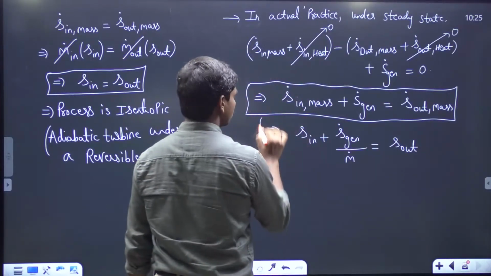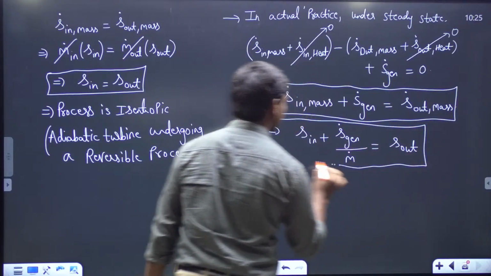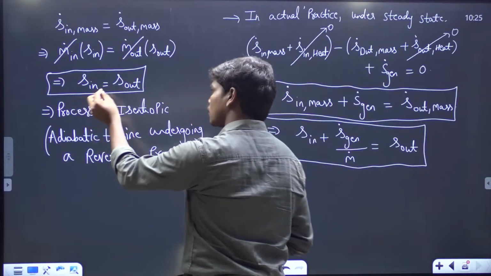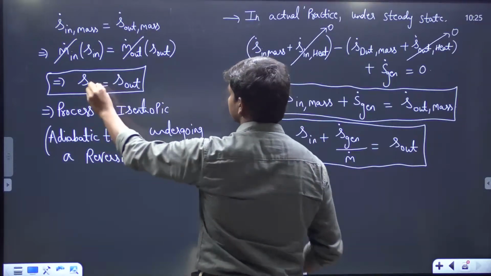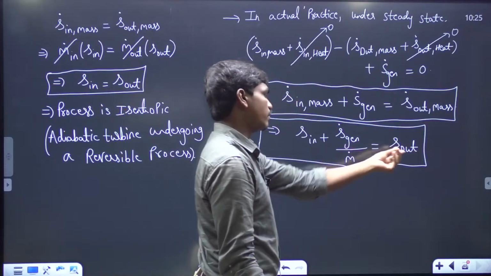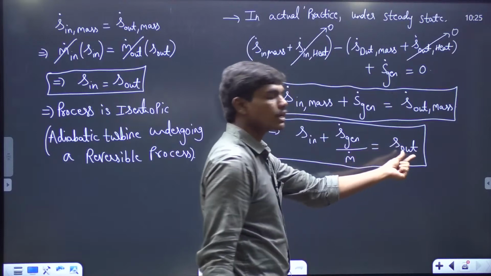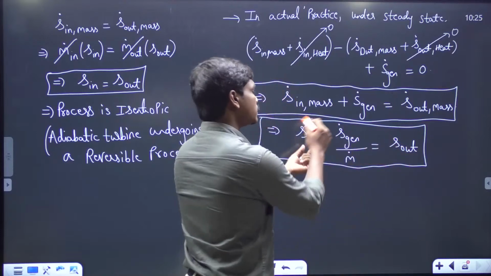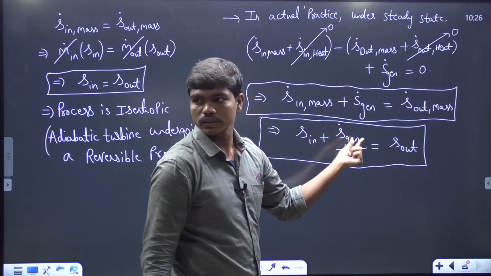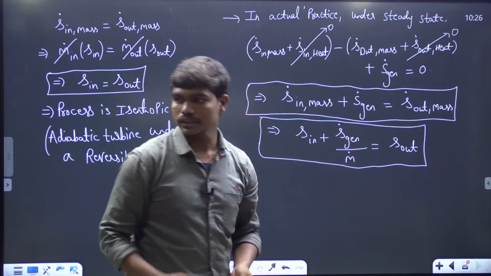So here the outlet entropy is a bit more than the inlet entropy, but in the reversible case, the entropy at the outlet condition is the same as at the inlet condition. But here the outlet entropy is a bit higher than the inlet entropy because of this term. And this S dot generation is always positive. Again, this chart is not working, just a second guys.